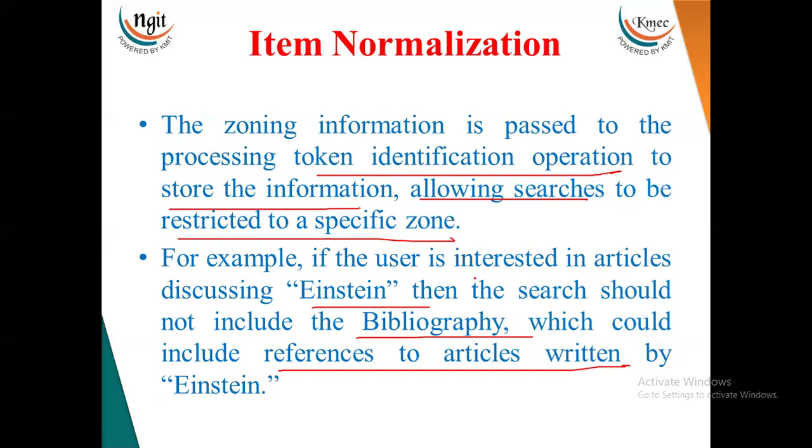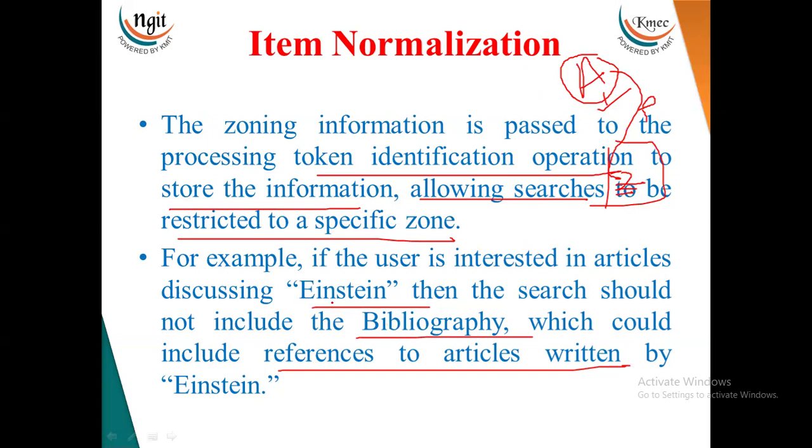So I'll tell you one simple idea. If I'm talking about some person A's articles that I want, then if you take one document paper, in the references, which are at the last, you have to only put references or articles related to A. You have to remove all other articles.